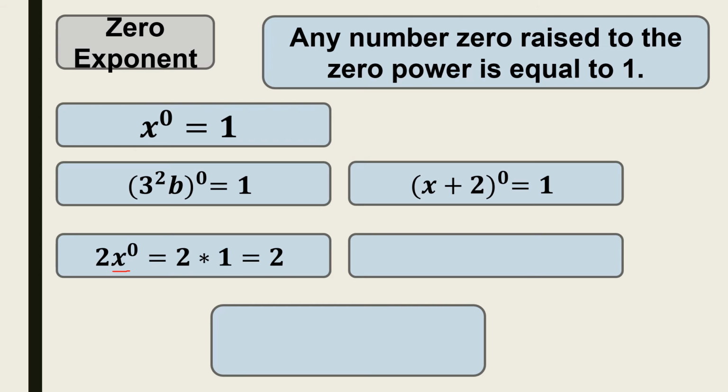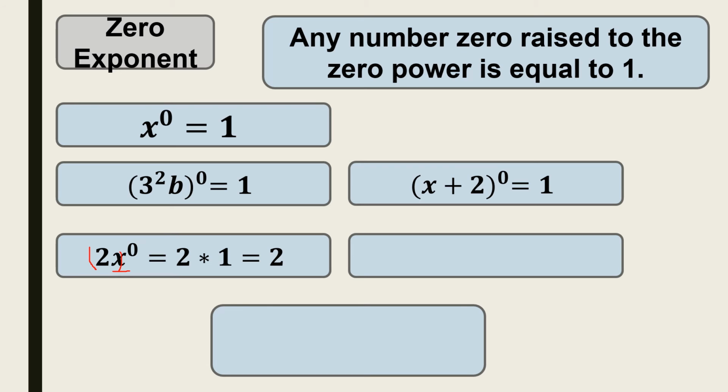Okay, so this is the common misconception of the exponent. If there is only one zero exponent here, therefore that number only, the 2 is not included. But if there is a parenthesis there, supposing that both are raised to 0, therefore the answer there is 1.